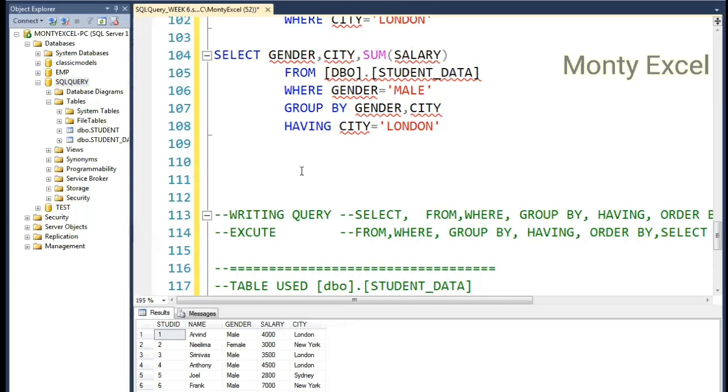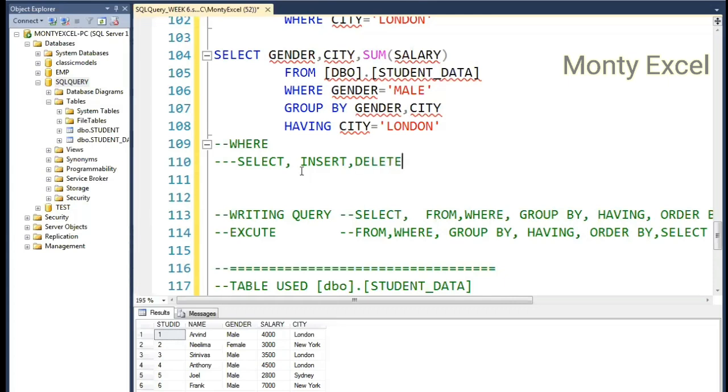WHERE condition, we can use it with the select statement, right? I forgot to mention this one. We can use WHERE along with the select statement, that is, select star from table where employee name equal to DP. That is for select, and you can also use it with insert. Can we insert by using a WHERE condition? I want to insert data by using a WHERE condition. Perfect.